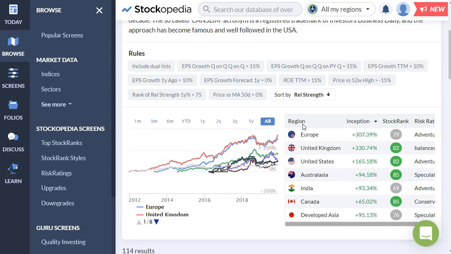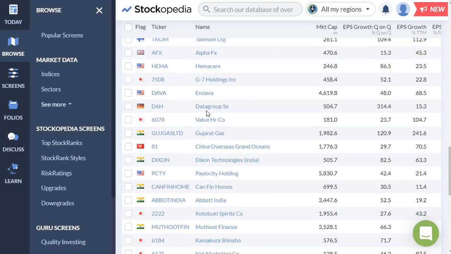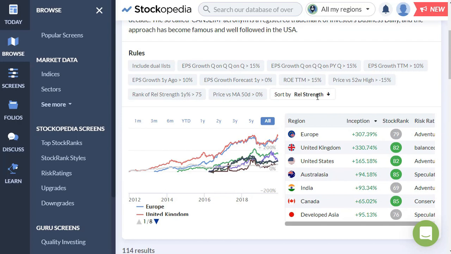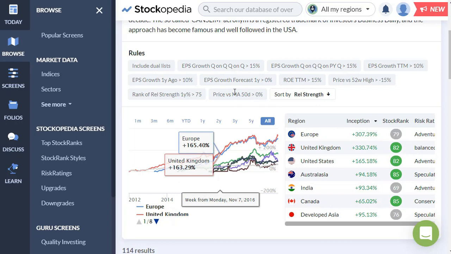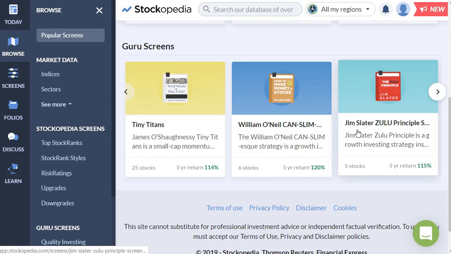But what you can see here is that you get all of the companies that are right now meeting the criteria of the CAN SLIM screener. So if you say, well, William O'Neill has a good track record and I'd like to use his filter as an inspiration, then you can just use that screen and it gives you all the stocks in the area you have chosen.